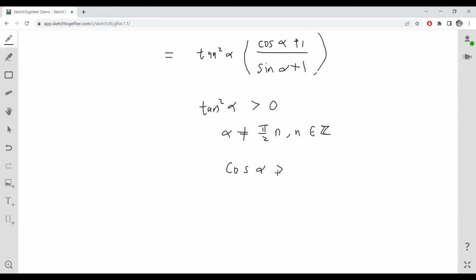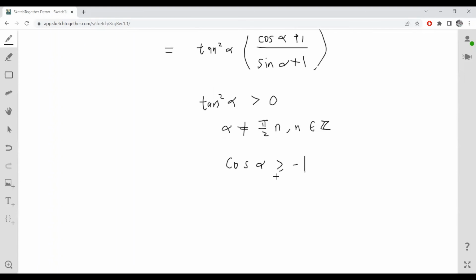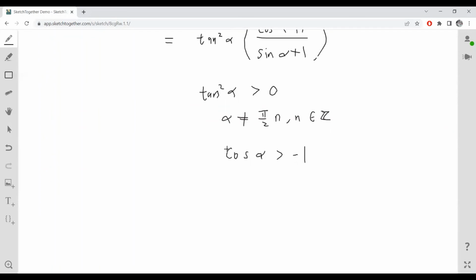We know that cosine alpha is greater than or equal to -1. But in this case, cosine alpha can't be equal to -1 because we already know that alpha is not a multiple of pi over 2. So we can safely say cosine alpha is greater than -1 in this case.